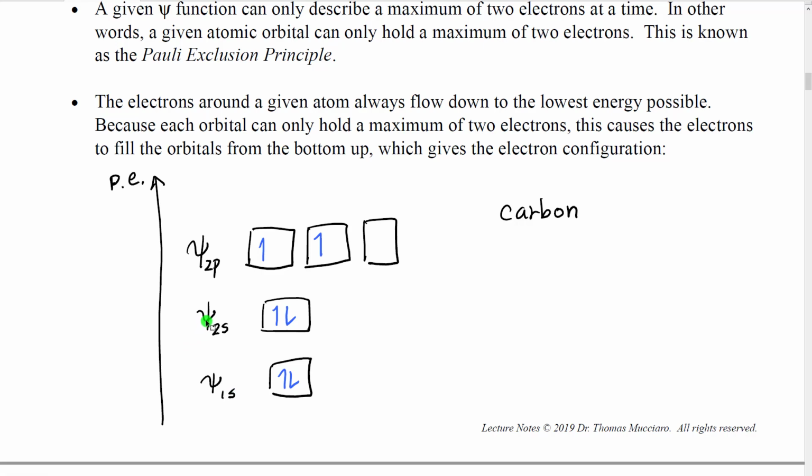We can calculate out the energy of the 2s and the 2p. And what we see is that those energies gradually increase. We can then look at the number of electrons that are in the carbon, and we can start assigning them to an orbital. We could say 1 electron is described by this orbital, another electron described by this orbital.